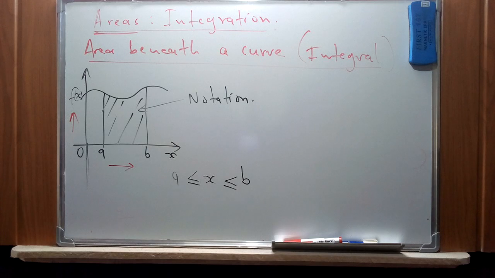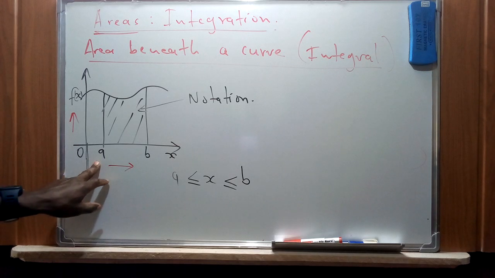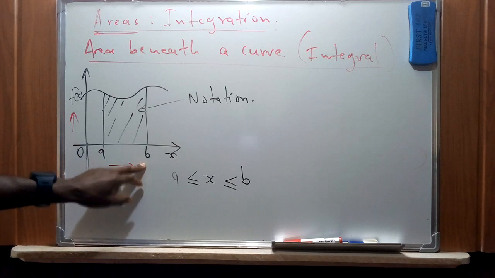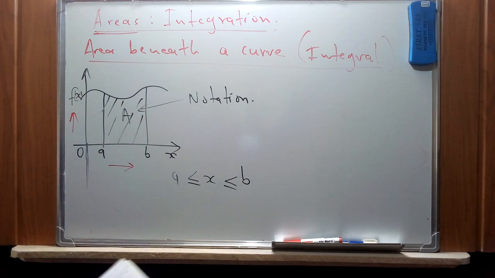We call the area beneath its curve the integral of f of x from x equals A to x equals B. So this area is referred to as the integral of f of x from A to B, as I've said.